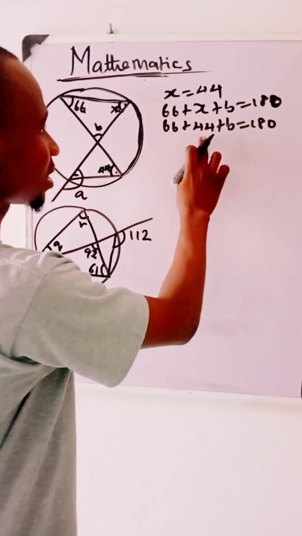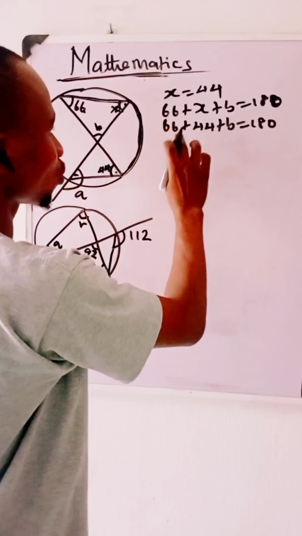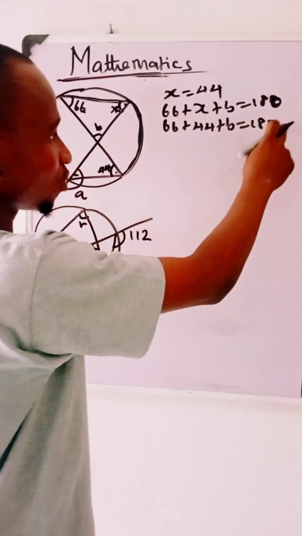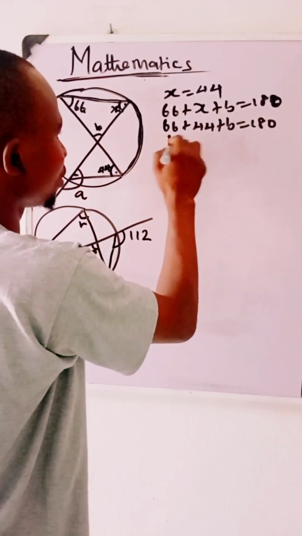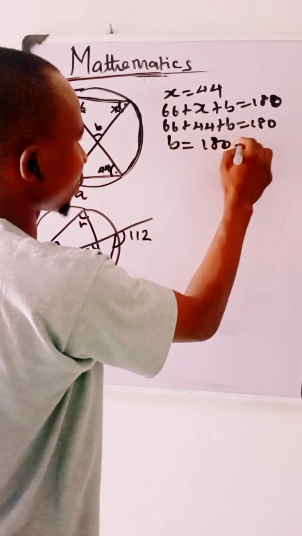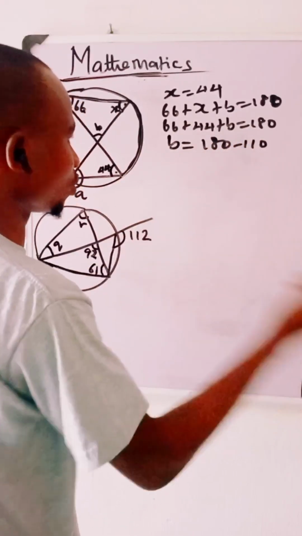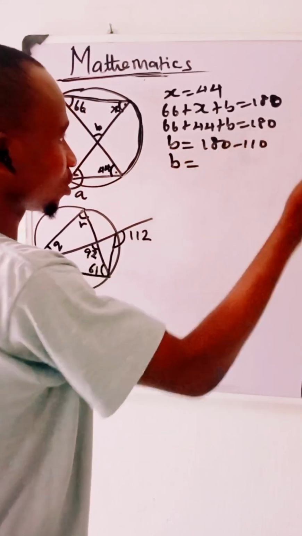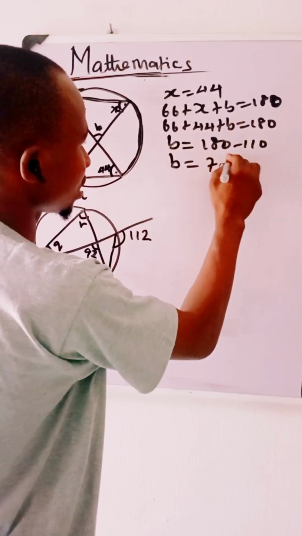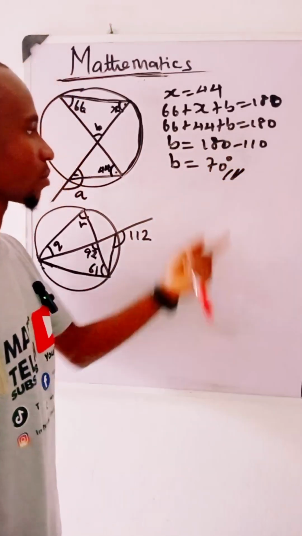If I add this, it gives me 110. Carry 110 to this side, it becomes minus 110. So B is equal to 180 minus 110. My B now is 70 degrees.